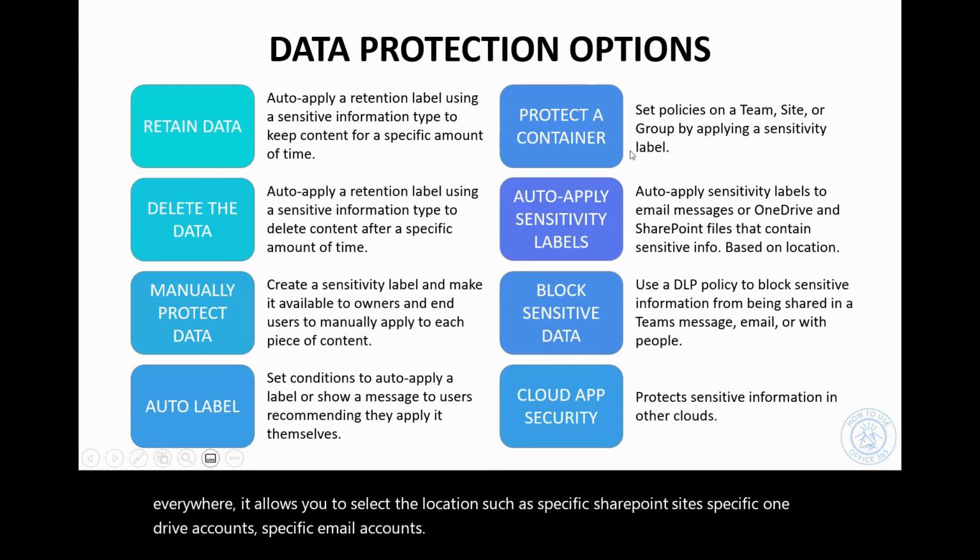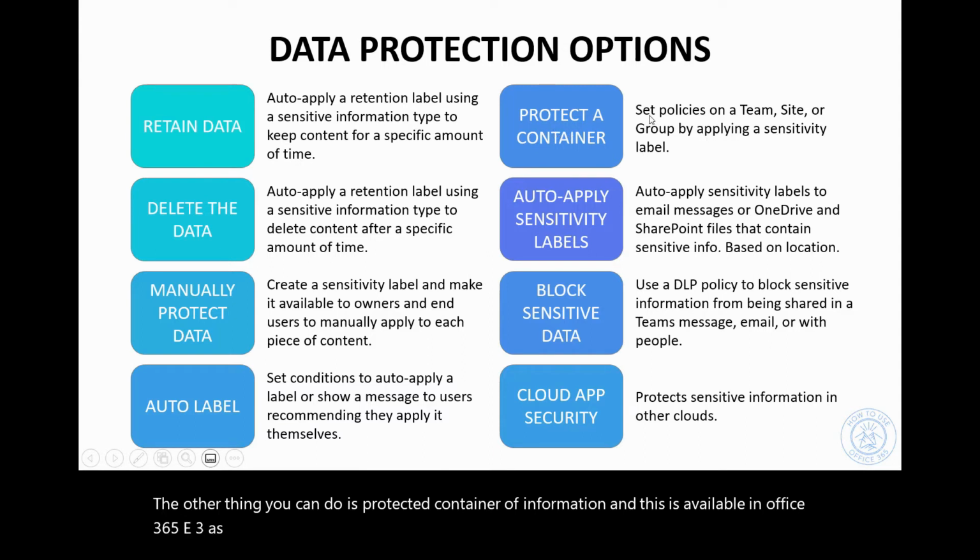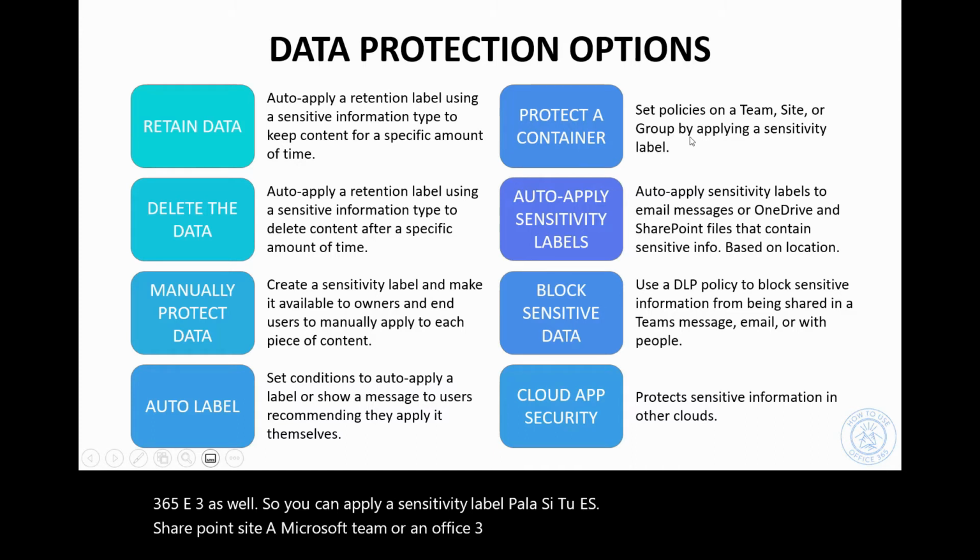The other thing you can do is protect a container of information. And this is available in Office 365 E3 as well. So you can apply a sensitivity label policy to a SharePoint site, a Microsoft team, or an Office 365 group.